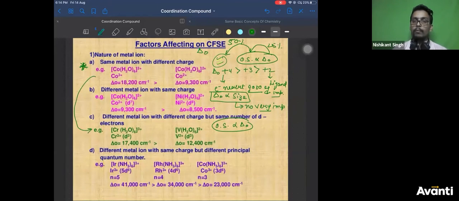The fourth one is again very important. I am writing here that delta O value for the 5D series is more than the 4D series, which is more than the 3D series. This is the order of delta O value.